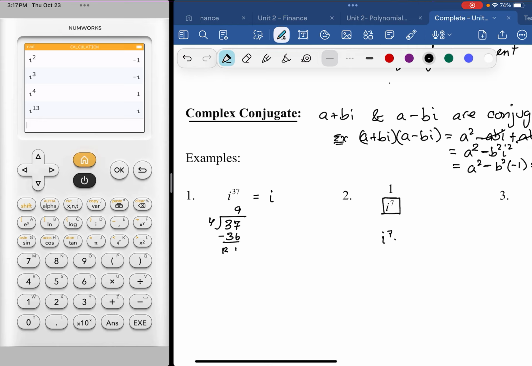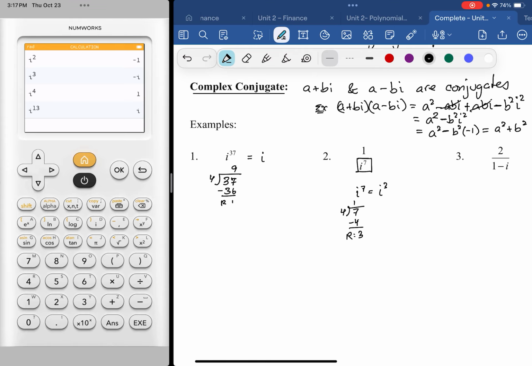I to the 7th, I'd look at that by saying, 7 divided by 4 goes in 1 time with a remainder of 3. So i to the 7th is equivalent to i to the 3rd.